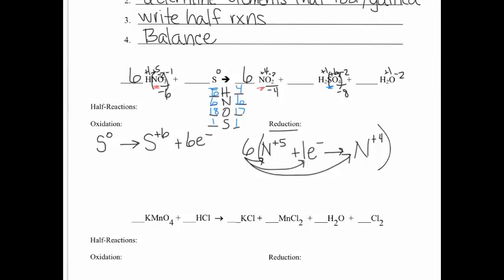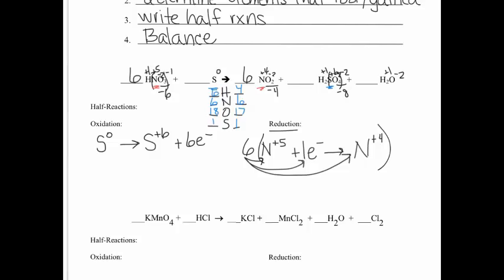So right now the only thing that's off is our hydrogen and our oxygen. And lucky for us, those are both in the same compound, water, at the end of the equation.